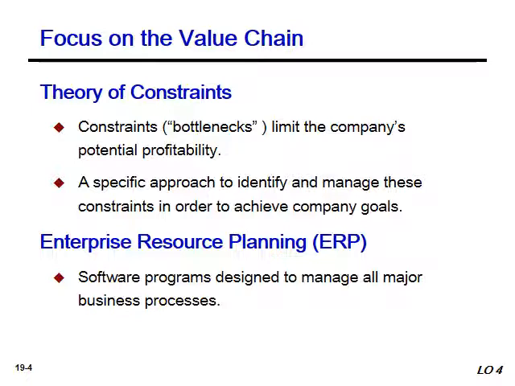And then there's enterprise resource planning, ERP. This is one of the bigger things now, and it is a software program designed to manage all the major business processes. It's a software system in which all of the different aspects of the business are connected within one software.